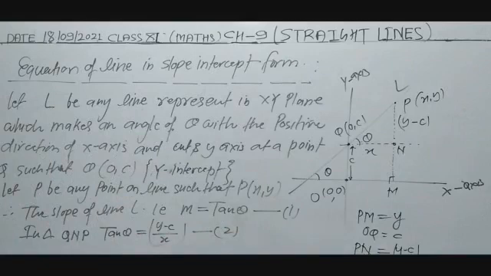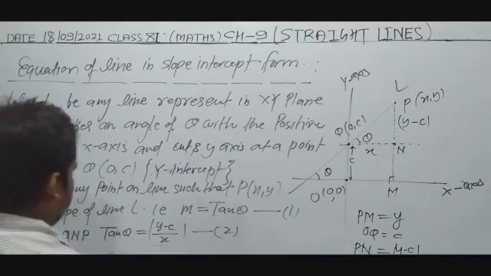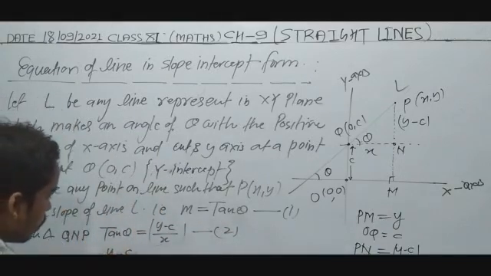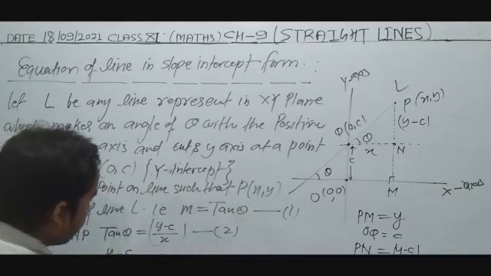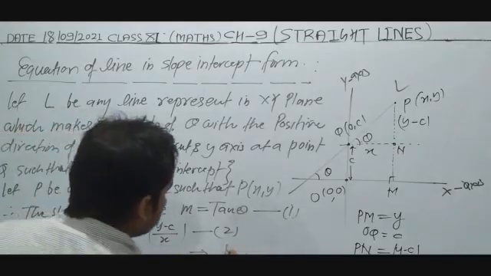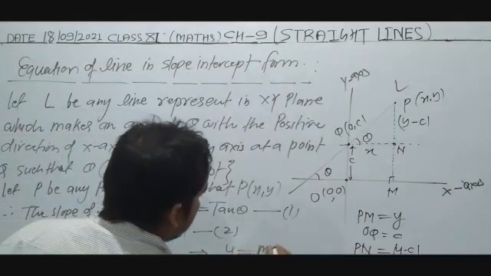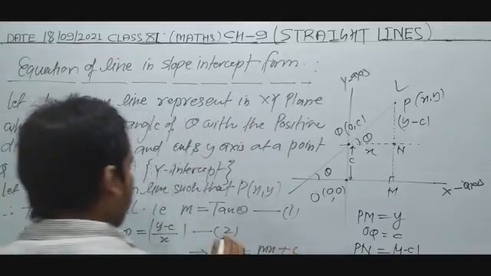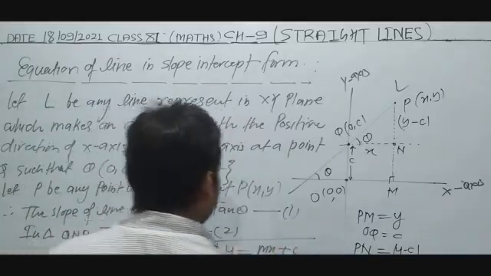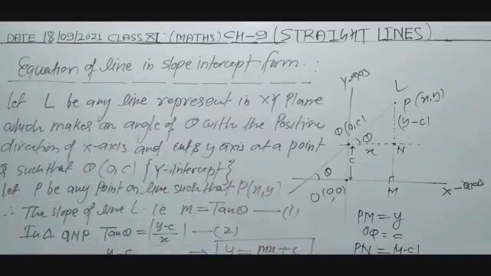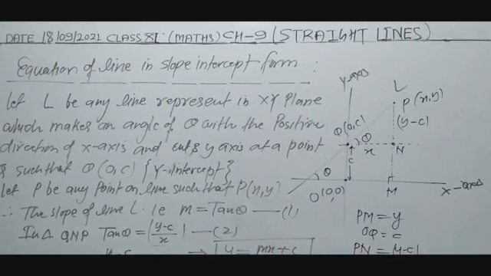Now from equation 1 and 2 we can write (y minus c) by x is equal to m. This implies y is equal to mx plus c. This is the equation of line in slope intercept form.